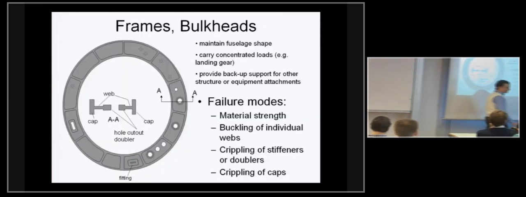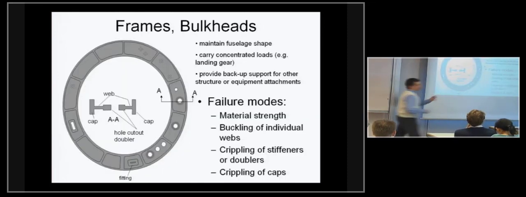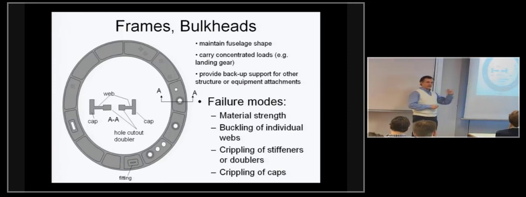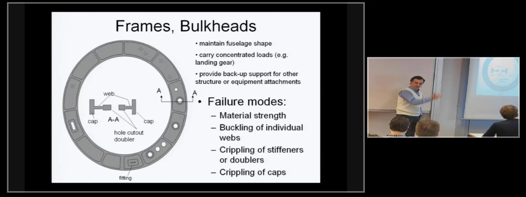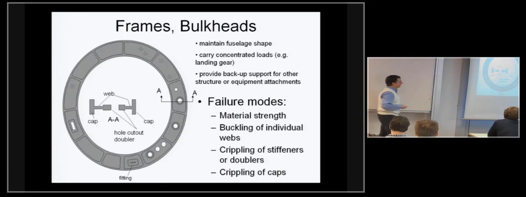The frames are very similar in that as long as you isolate the longitudinal one-dimensional members, which are called caps, basically you have the outer flange, if you will, which is also called the outer cap, and the inner one, which are essentially these one-dimensional stringers or beams, whatever you want to call them, and they fall under what we just discussed in the previous slide in terms of types of failure modes.